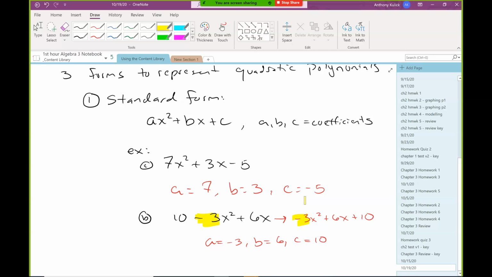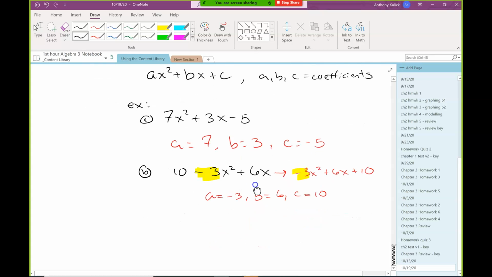Is everybody okay with that? And so on and so forth for b and c too, right? You have to write it in order before you can pick out the a, b, and c. Or you have to pick out the a, b, and c looking at it in the standard order. Does that make sense? Okay. We feel okay with standard form? All right.